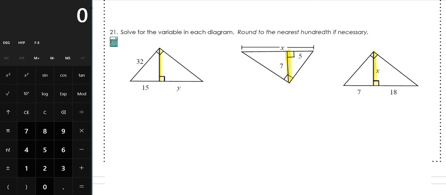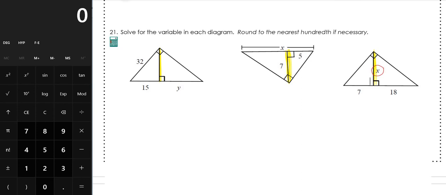Now looking at the diagram all the way to the right, if they give you information for the altitude, or they ask you to solve for it, which in this case they are, you're going to use the altitude rule. And the altitude rule looks like this.